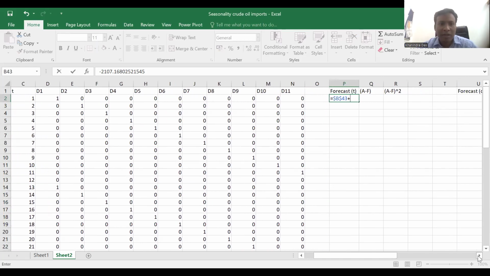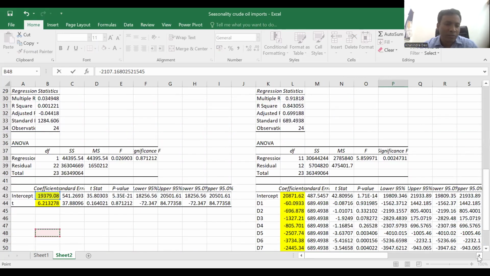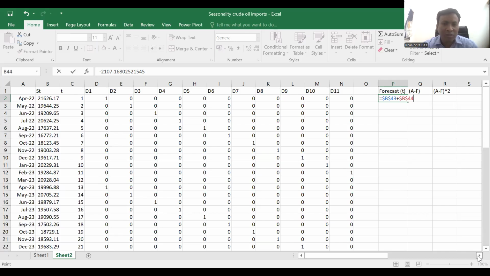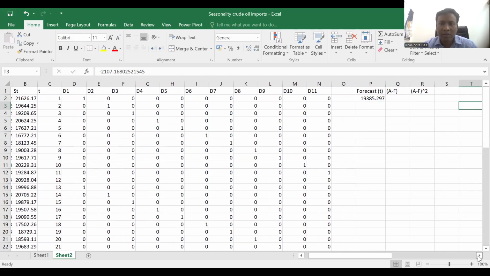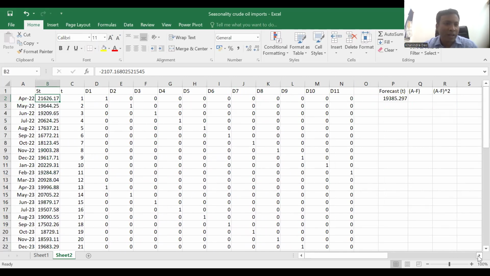Then we have the estimate of B, which is the slope coefficient. Again, this doesn't change with any of the months. Now months keep on changing, so that way for the first month we get the forecast value of 19385, and actually it was 21626, right?